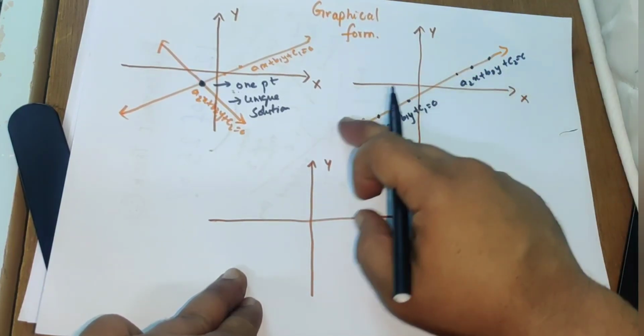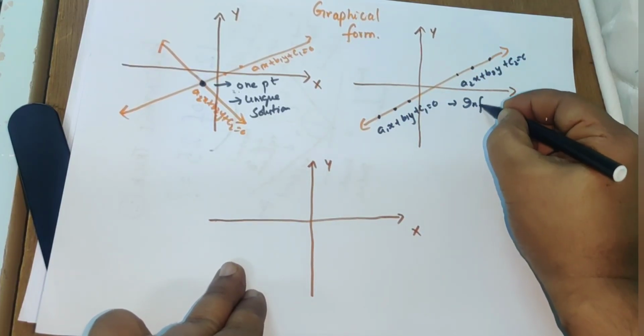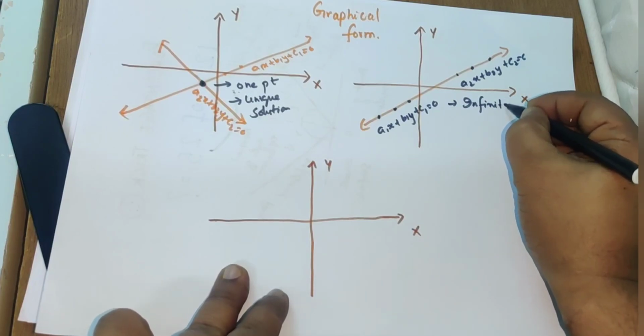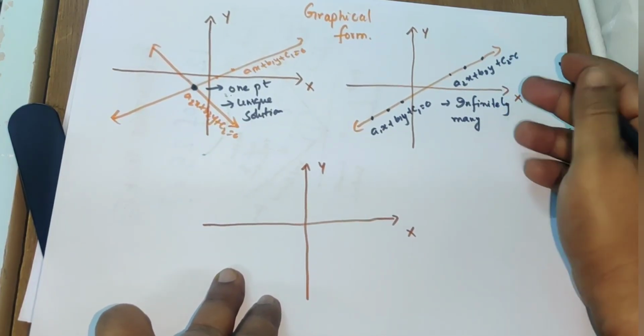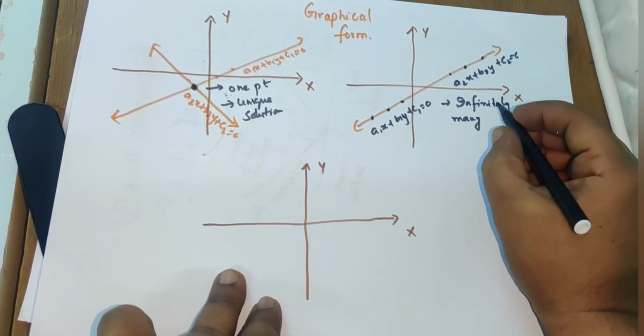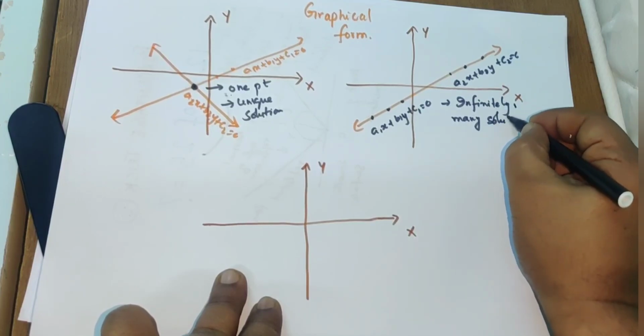Both of the solutions lie on the same line, so you will get infinitely many solutions of the given pair of linear equations.